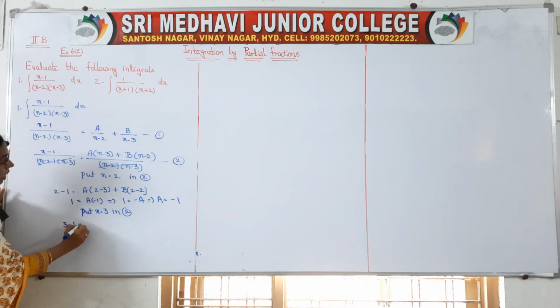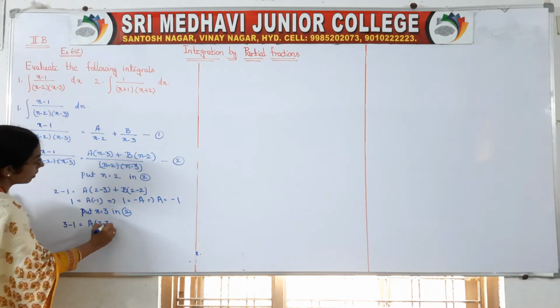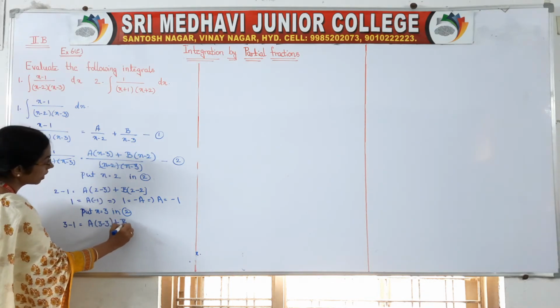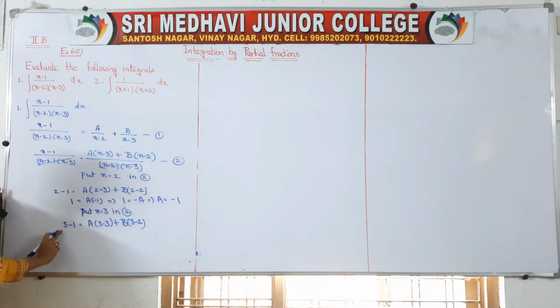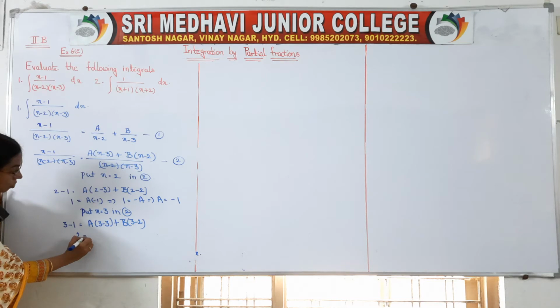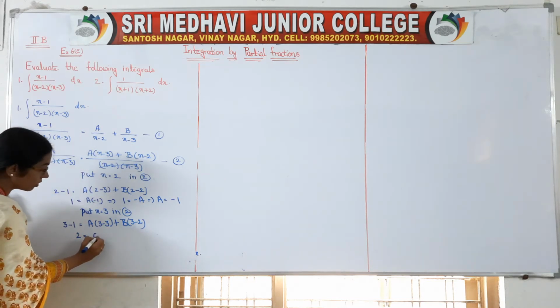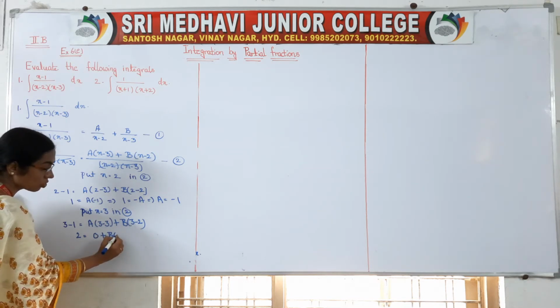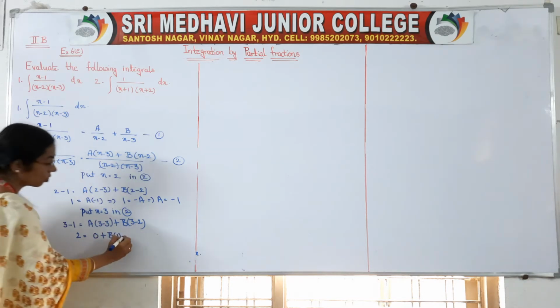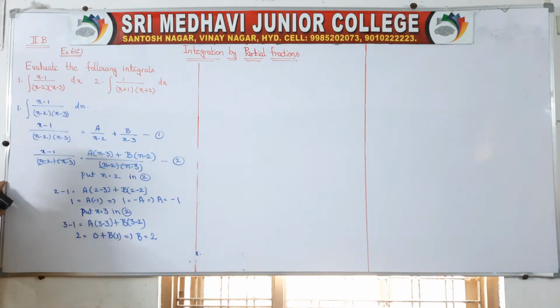So 3 minus 1 is equal to A into (3 minus 3) plus B into (3 minus 2). So 3 minus 1 is 2, equal to 3 minus 3 is 0, 0 into A is 0, plus B into 3 minus 2 is 1. So what is your B value? B is equal to 2.